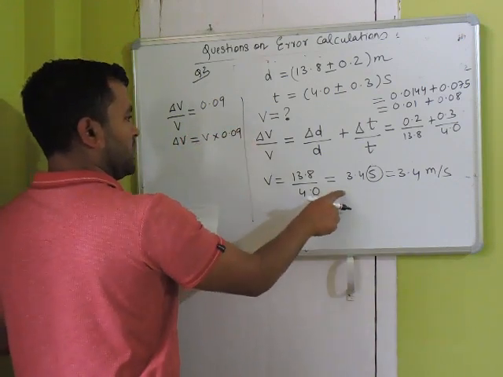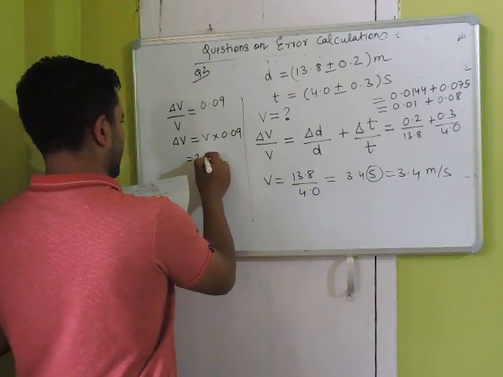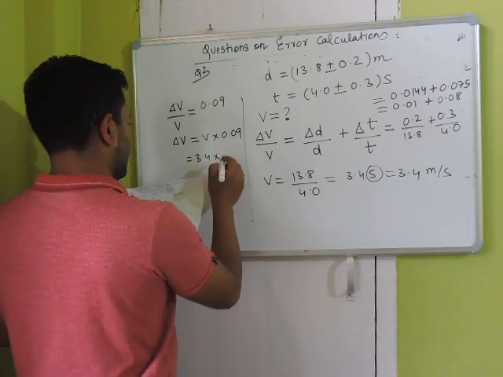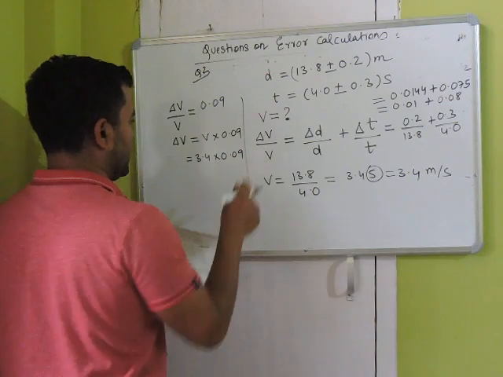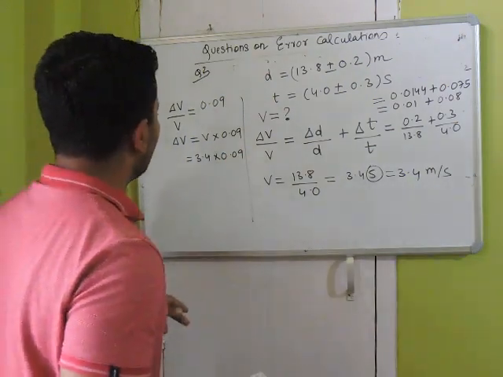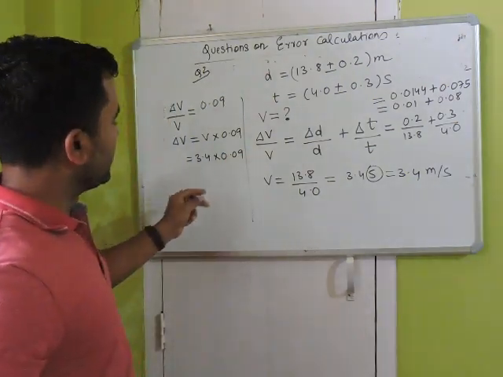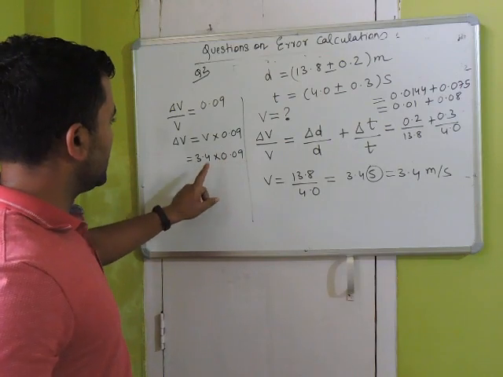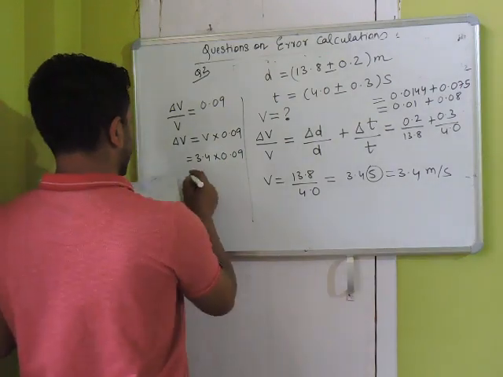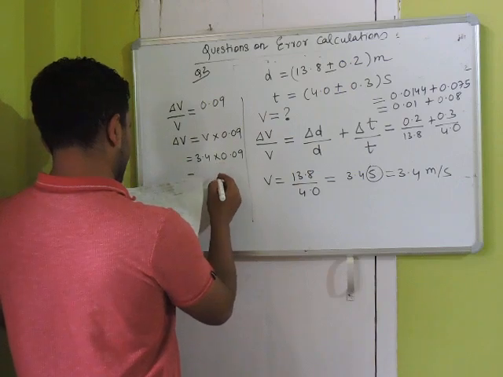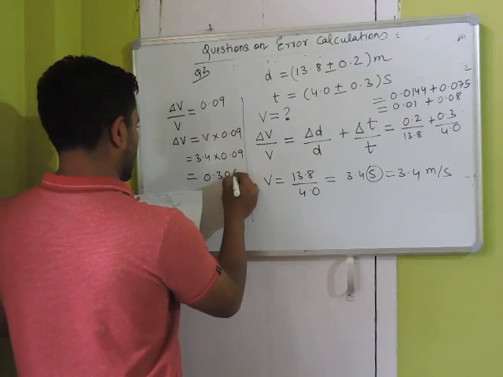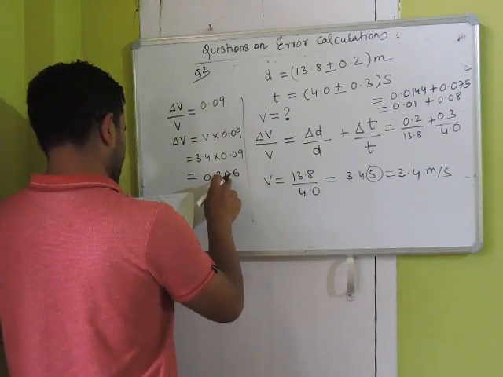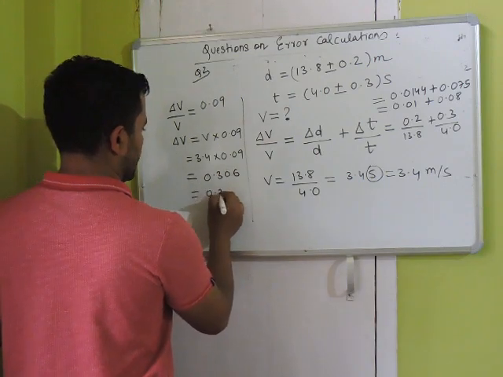If I put V, 3.4 into 0.09, again I am multiplying, so I have to report up to the least significant figure. This contains 1, this contains 2, so my answer will be up to the first significant figure. So this will be 0.306. I have to drop this 0, so nothing changes, 0.3 second.